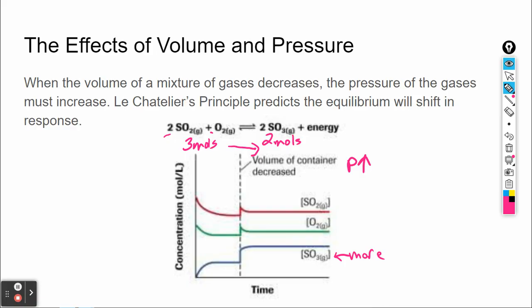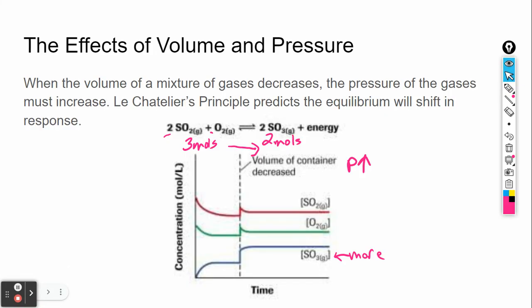To restate this really clearly, anytime you reduce the volume of an equilibrium mixture of gases at a constant temperature, it causes a shift in equilibrium in the direction of fewer gas molecules. It will shift to the side with fewer moles of gas.